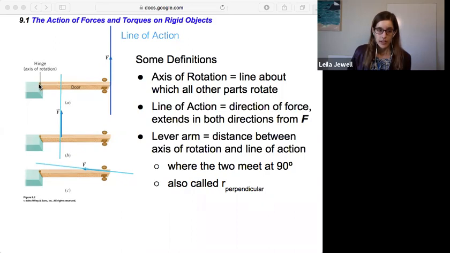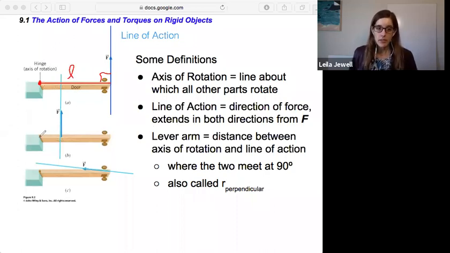So we have our axis of rotation over here, and it needs to meet the line of action at a perpendicular intersection. So if I get my straight line going again, if I go anywhere offset of this, I'm going to get a weird non-perpendicular line. But if I go right perpendicular to the force, then notice that is now an R perpendicular, and that is what my lever arm is.